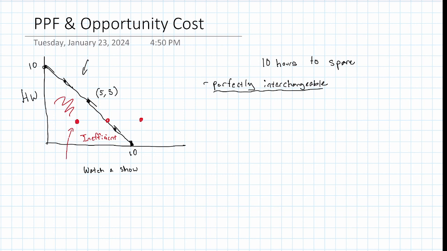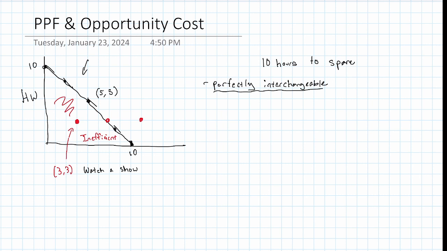This point right here. That's like if we decide to spend 3 hours doing homework and 3 hours watching a show, and then we just spend the last 4 hours just sitting in silence. So the reason it's inefficient is because we have another 4 more hours we could be spending to do whatever we want to, whether it's doing homework or watching a show, but we're not using that time, those resources, when we easily could.